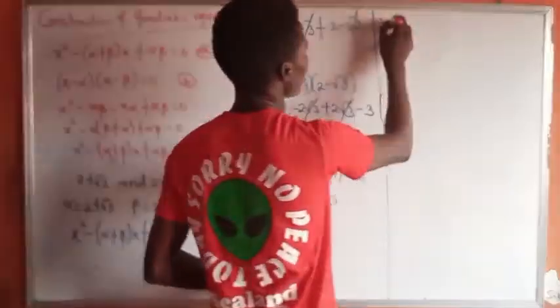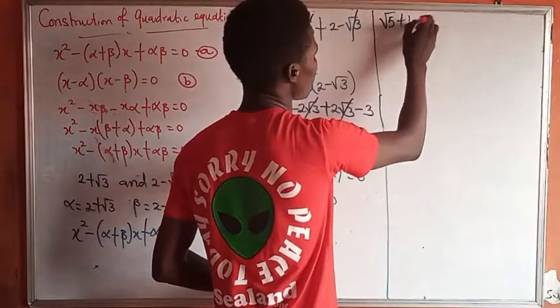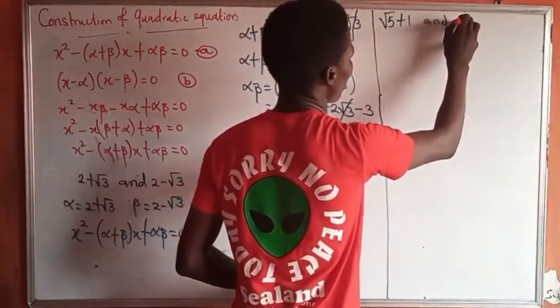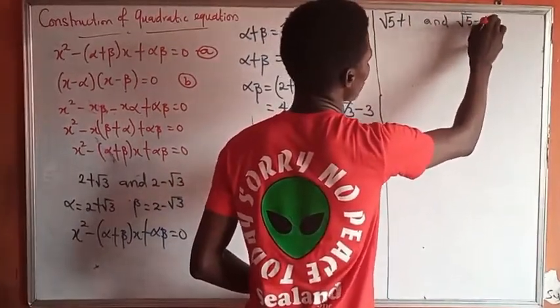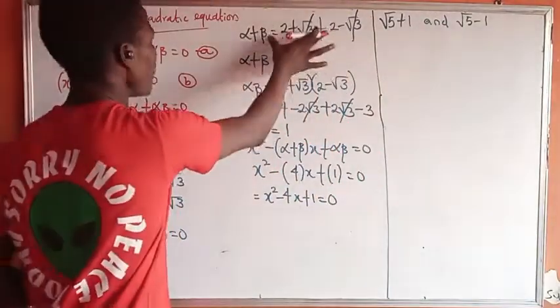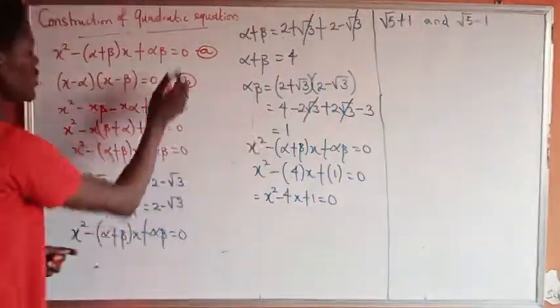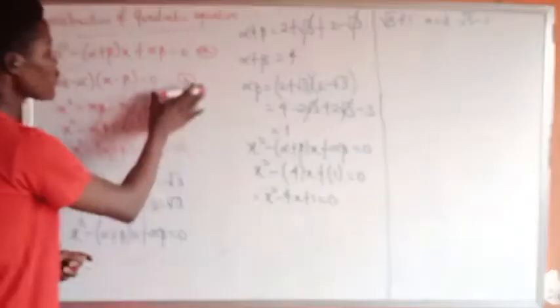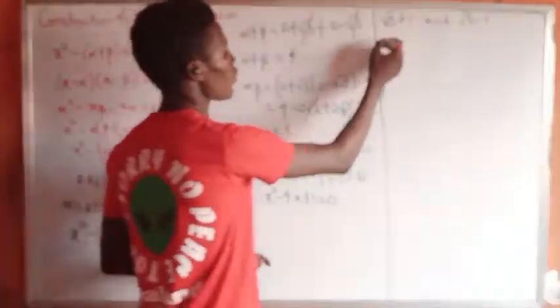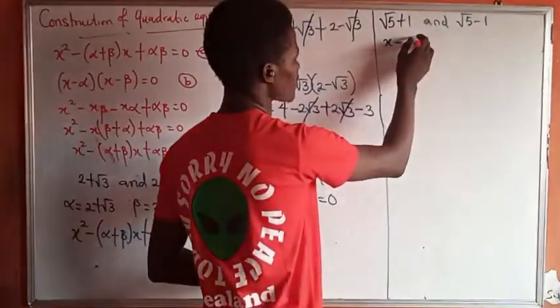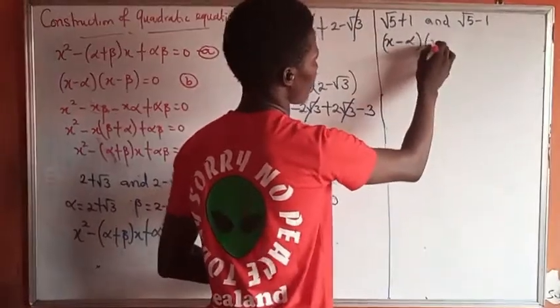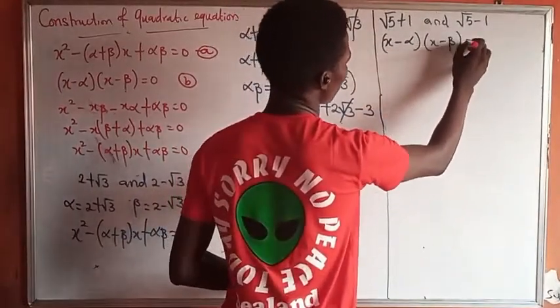So let's say I have root 5 plus 1 and root 5 minus 1. Now, you can see that I used the first method, the A formula. Now I want to use the B formula for this. That will be x minus alpha, x minus beta equals 0.